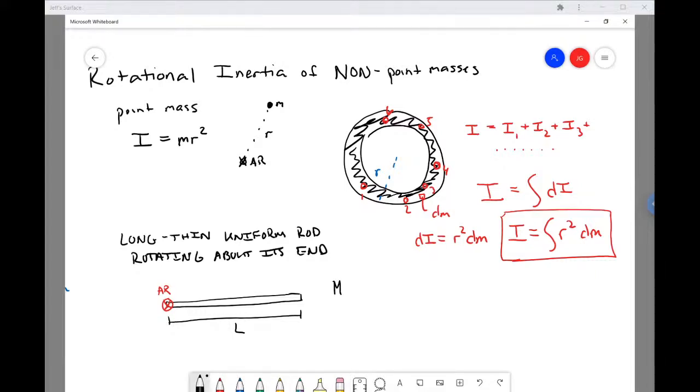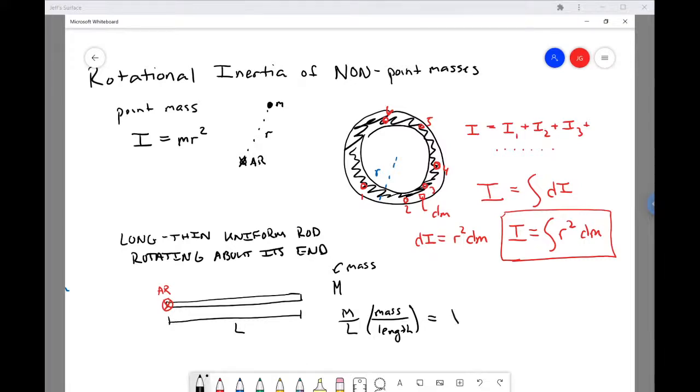The meter stick has a mass, and since it's uniform, it has a mass per unit length, so the ratio of the mass divided by the length, that would have units of mass, kilograms, divided by length, which would be meters.